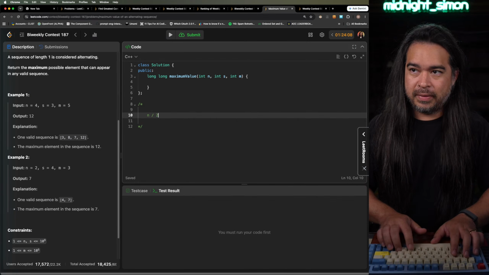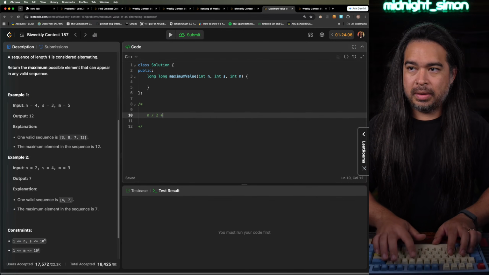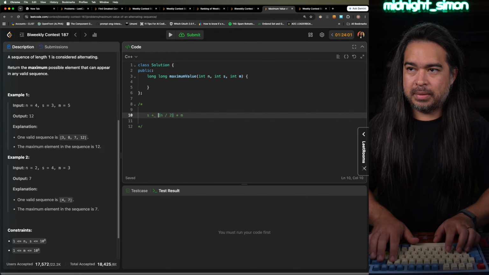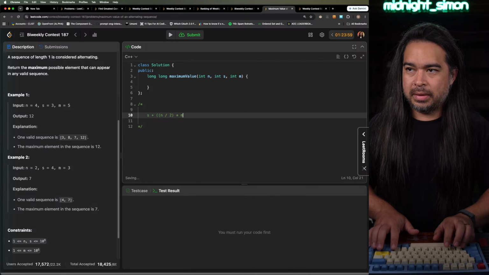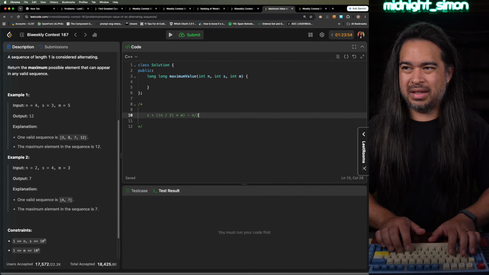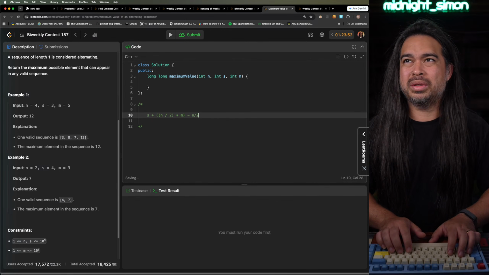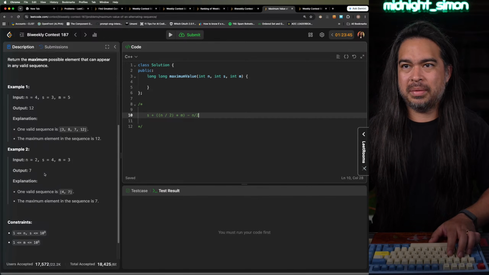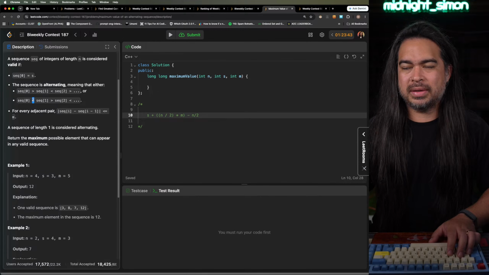That's like n divided by 2 times m. So it's s plus this minus n divided by 2. Or something like that. I guess we don't want a sequence that's going negative first, do we?